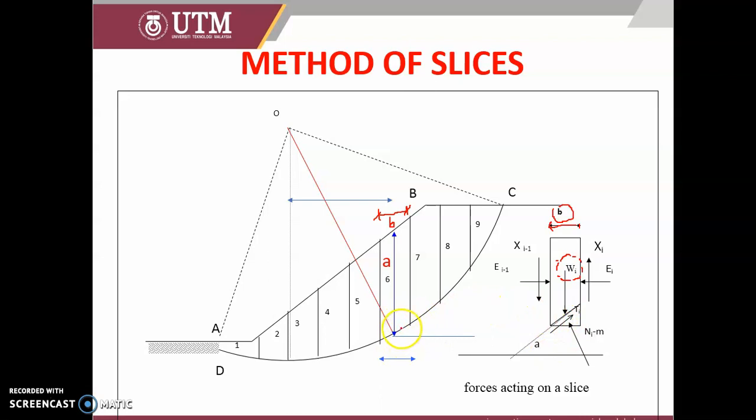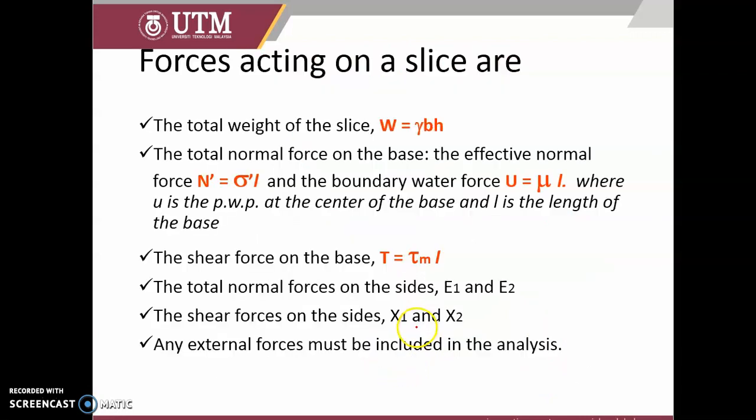And note that the bottom is circular, so we can get the forces: normal force, Ni, and also Ti. So let's see more. The total weight of the slice can be defined by knowing the unit weight, usually in kilonewton per meter cubed, the width of the slice, and also the height of the slice.